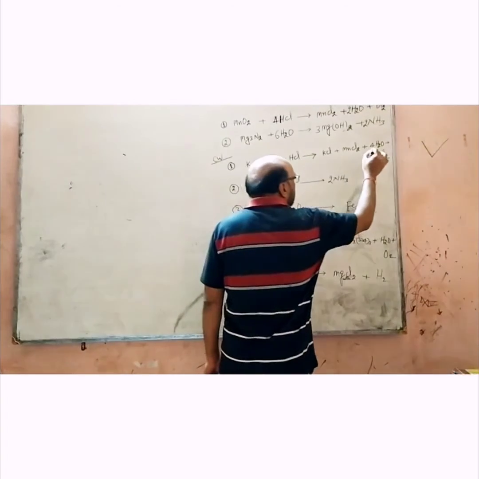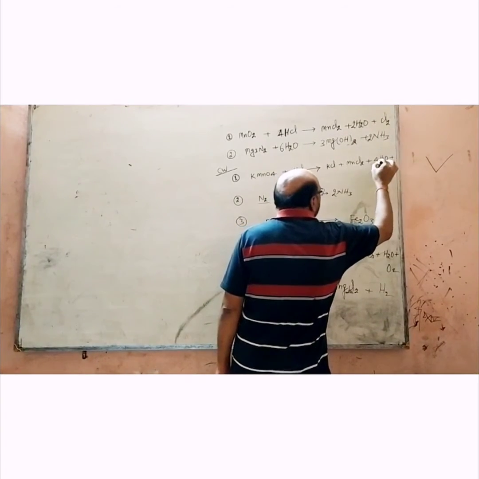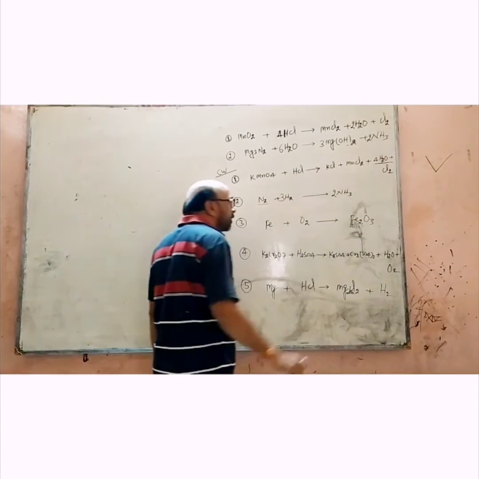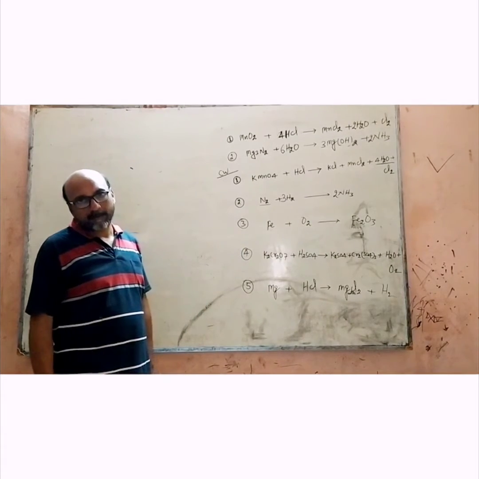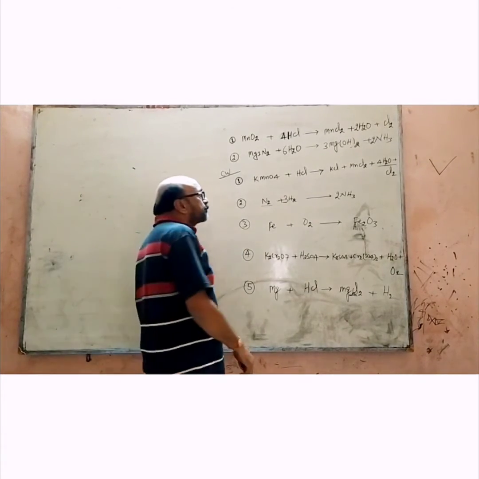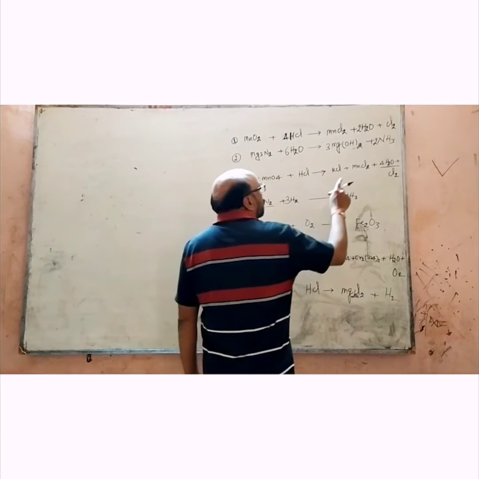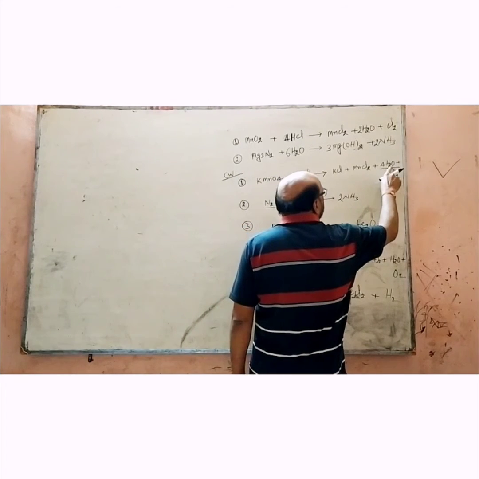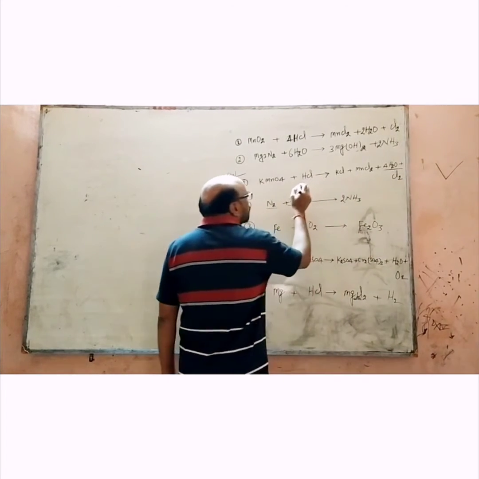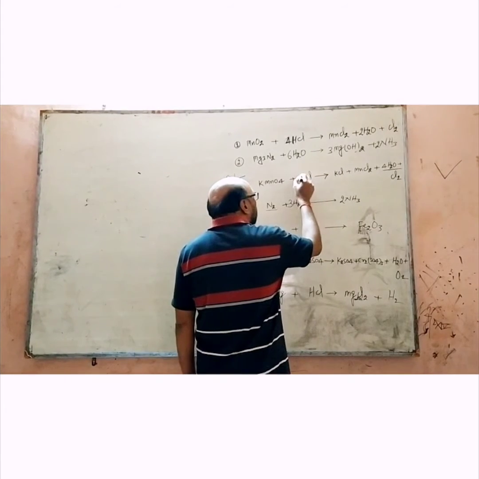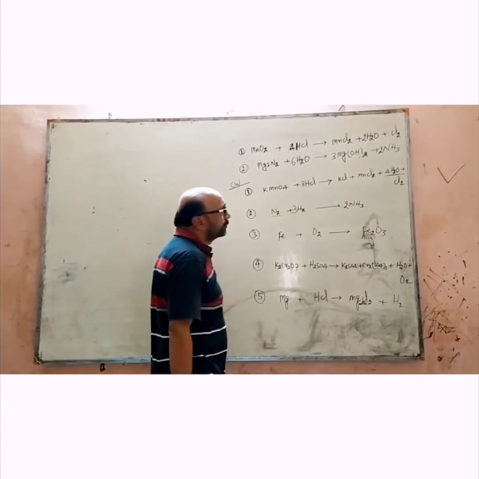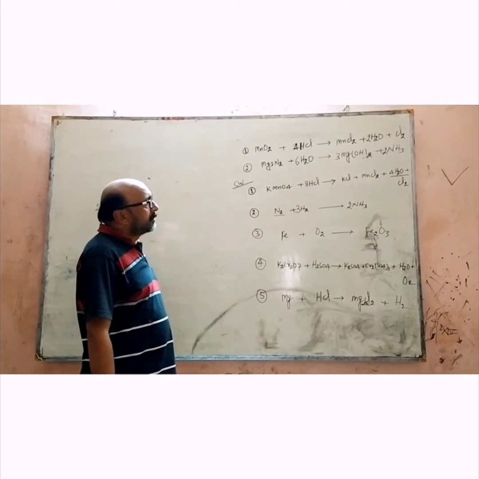Here it is 4H2O already given in the chemical equation. The number of hydrogen atoms becomes 4 × 2, 8. So multiply HCl with 8.